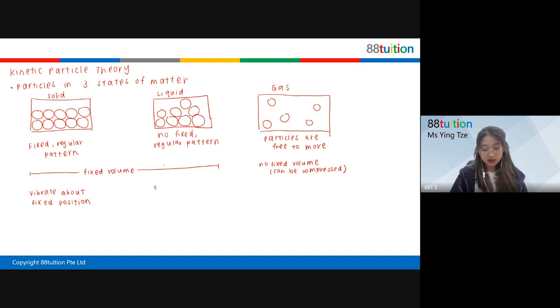They are able to slide over one another. And then for the gas, they move rapidly and randomly in all directions.